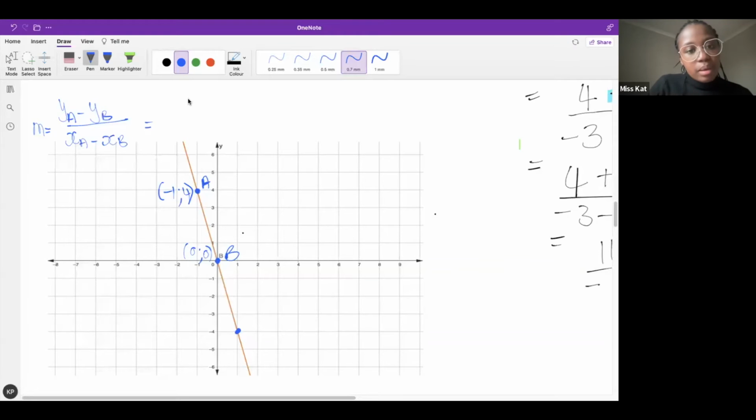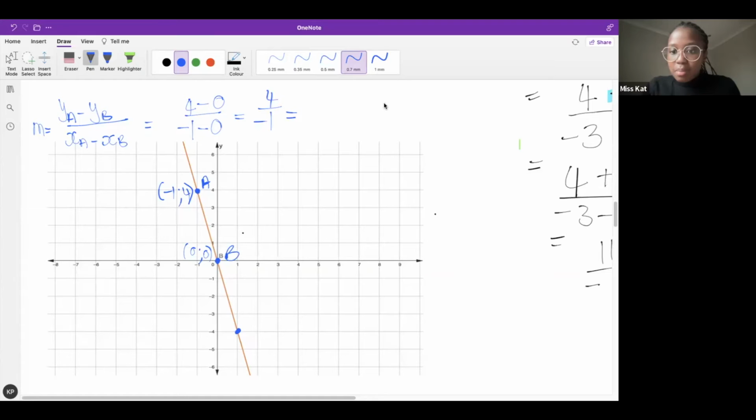Four minus the y coordinate for B. Zero over the x coordinate for A. -1 minus the x coordinate of B. Thank you, 0. So 4 minus 0 is just 4 over -1. So what's 4 divided by -1, people?